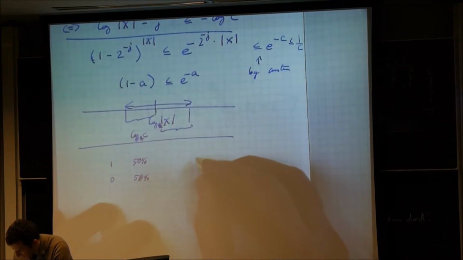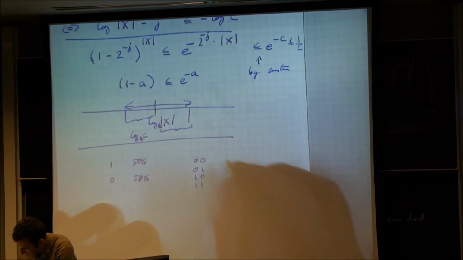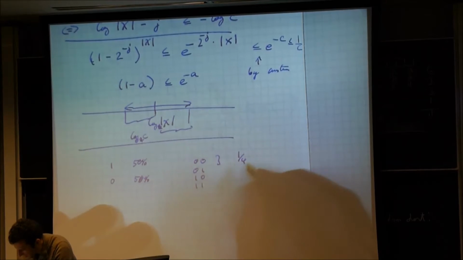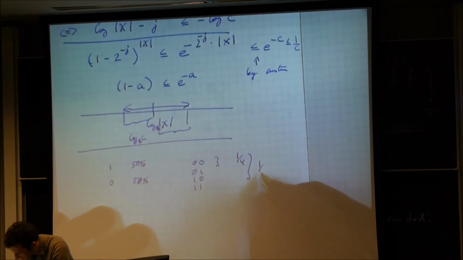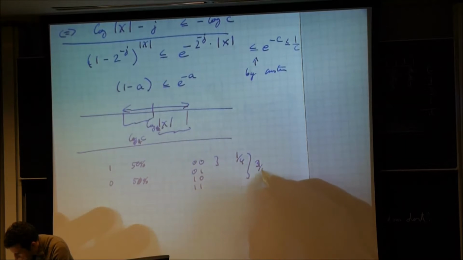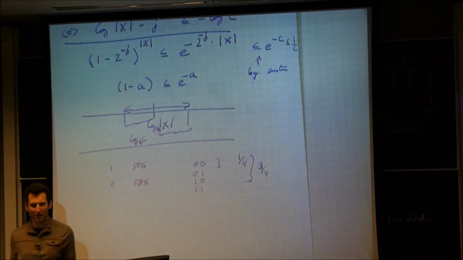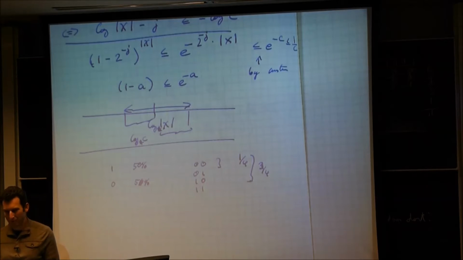Now, if I have 0 0, 0 1, 1 0, 1 1, I could accept only with this, and then I accept only with a quarter. Or I could accept all of these terms here, and I'd accept with 3/4. And so this way, I can trade off the accuracy, and as long as I'm okay with getting things right within a suitable quantization of powers of 2, then this is pretty good.